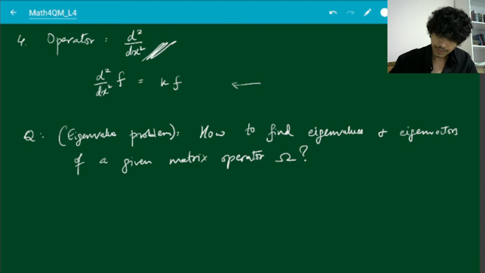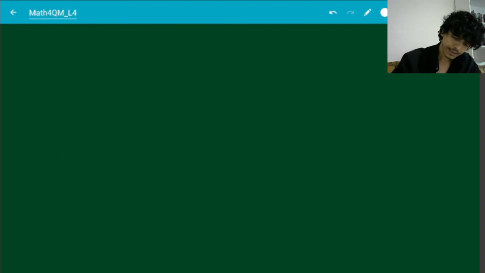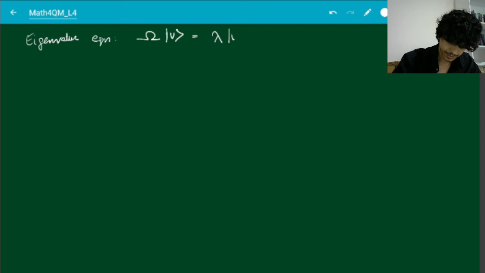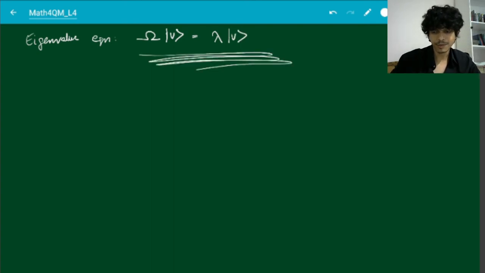So let's see how it's done. The eigenvalue equation that we are trying to solve is omega acting on some vector v, giving you some constant, we'll call it lambda, times the same vector v. This equation, burn it into your brains. You should always remember, this is the eigenvalue equation.